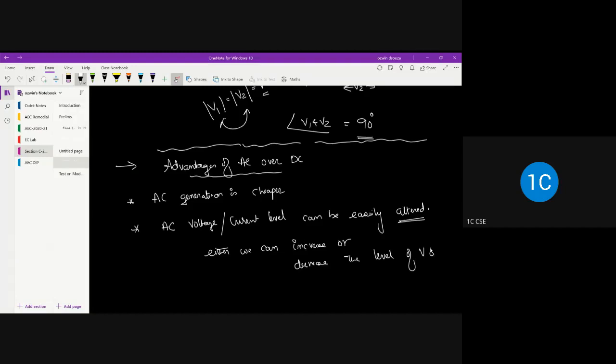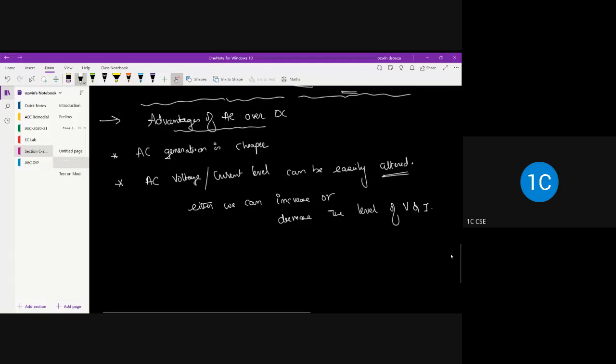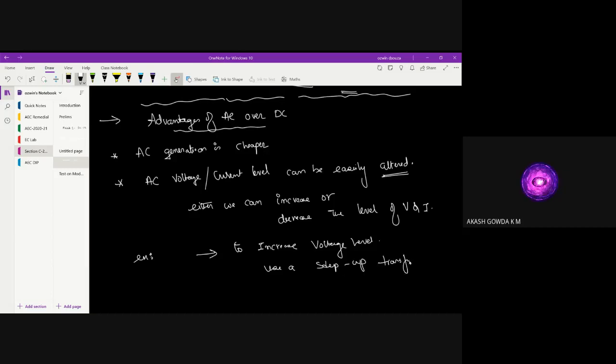So if you want to increase the voltage level, for example, use a step-up transformer. Have you heard about step-up transformer? Yes, sir. The meaning of step up, the dictionary meaning, you are upping the voltage basically. So if you want to increase the voltage, go for a step-up transformer.